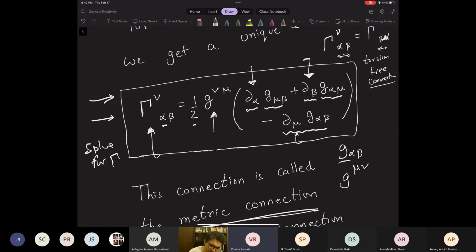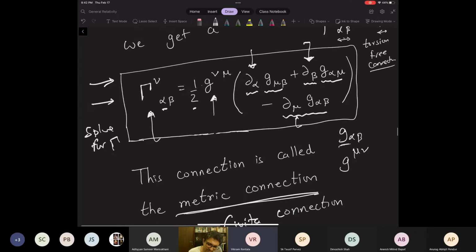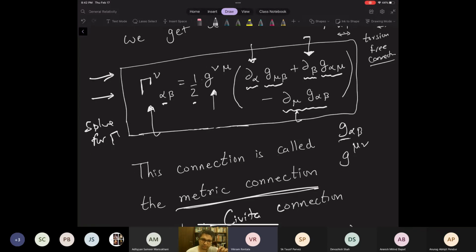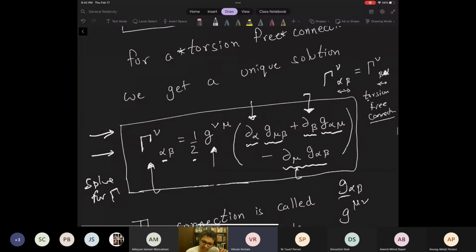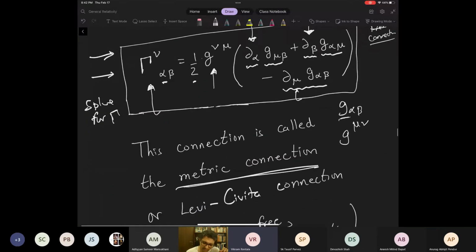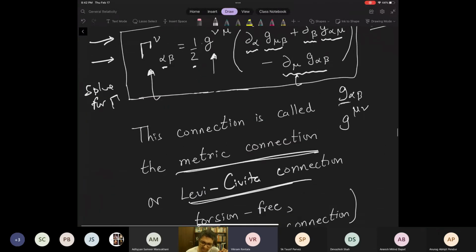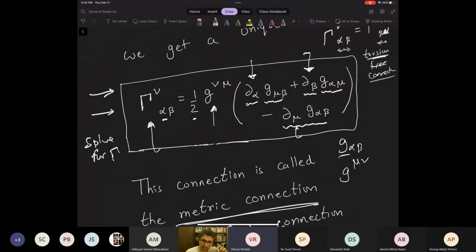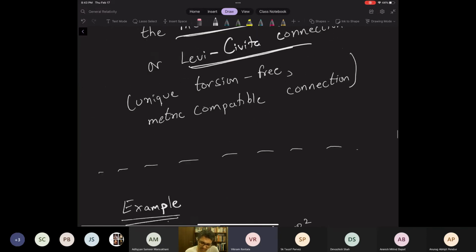So you get a unique solution under this assumption of torsion-free. This is called the metric connection or the Levi-Civita connection, and there's a unique choice of this. You can see clearly that this depends on the metric. So given a metric, I can find a connection such that this connection preserves dot products under parallel transport.